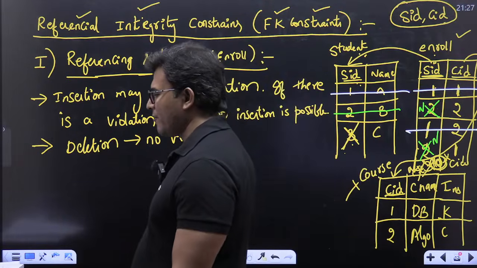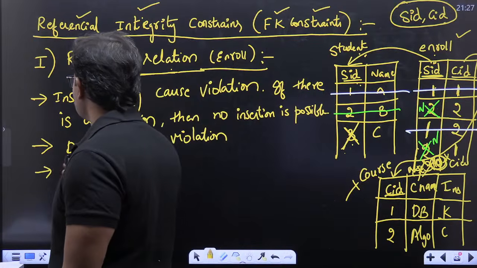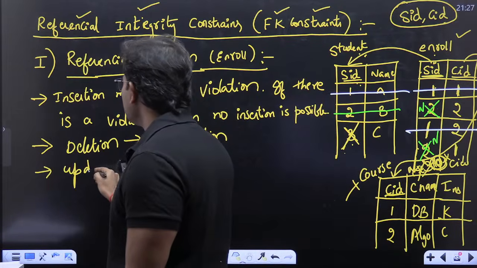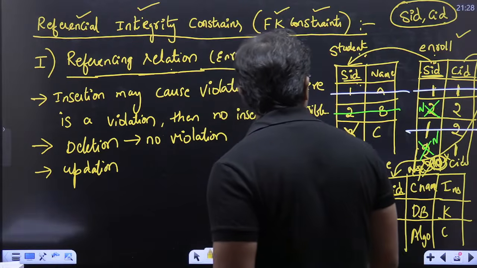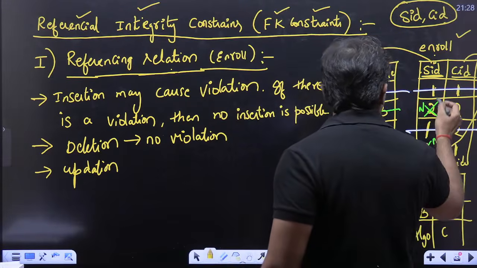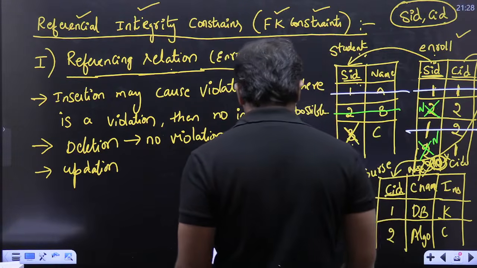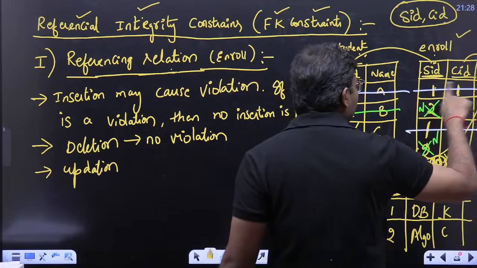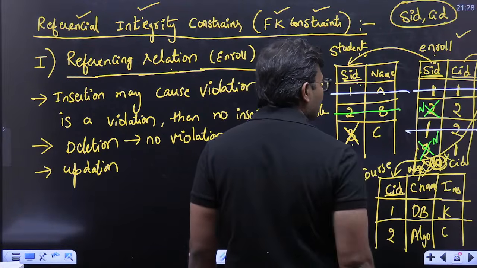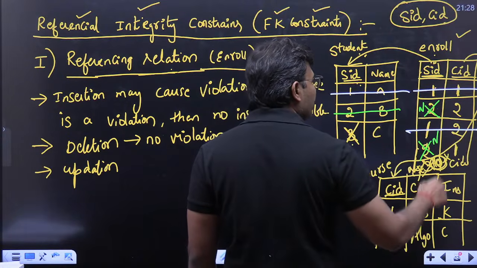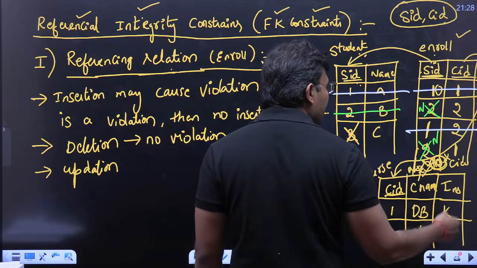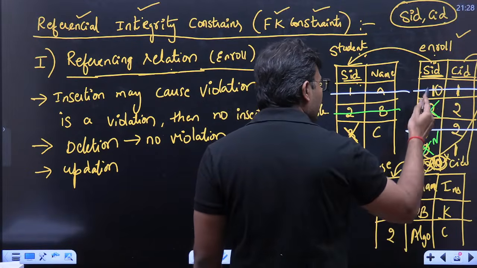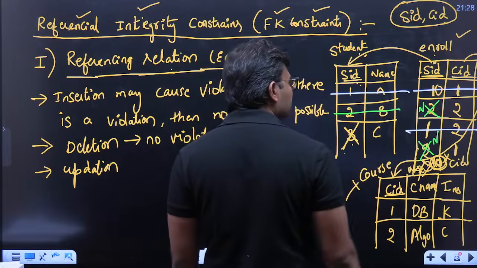Now what about updation? Updation may cause some problems. For example, here there is a student number 1. Just assume that it is not deleted. If I change this student number 1 to student number 10, that is an update.